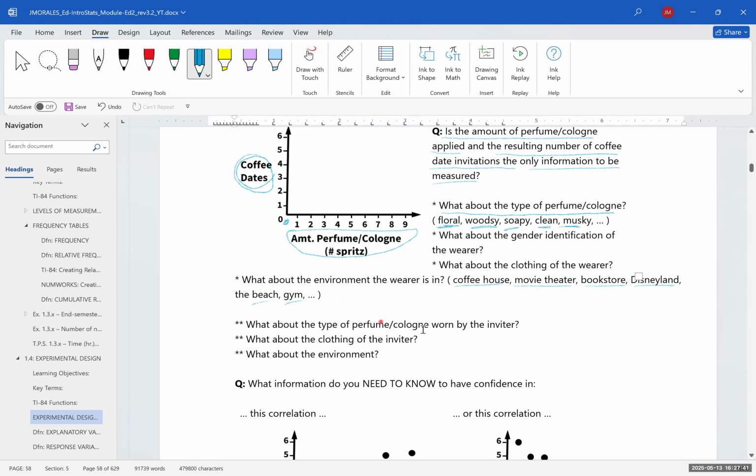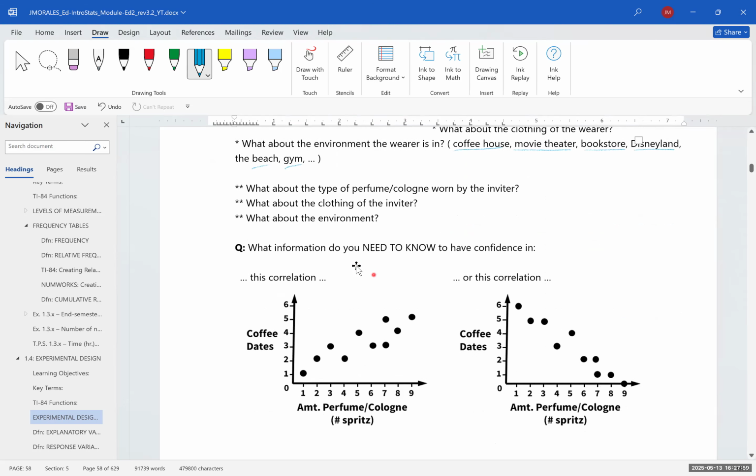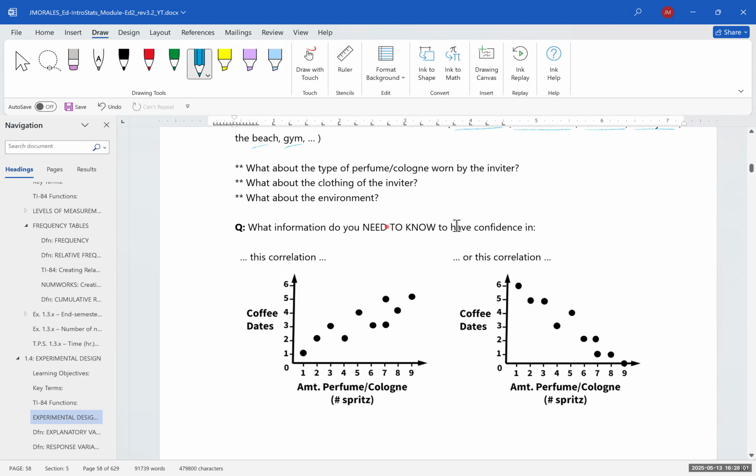What about the type of perfume or cologne that's worn by the inviter? What about the clothing of the inviter? What about the environment? These are all factors to consider and to control for. You really have to put a lot of thought into it in order for any correlation you find to be meaningful. What information do you need to know to have confidence?